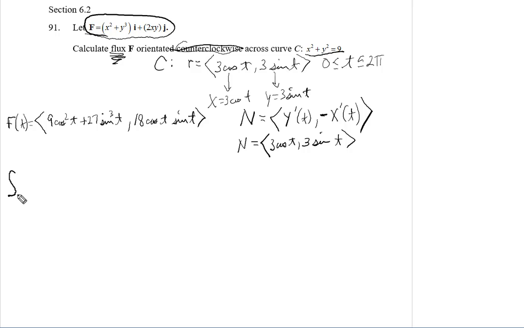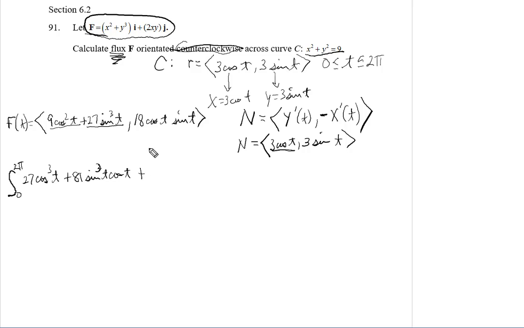We need to do the dot product of F and n. So our integral would be from 0 to 2 pi. We'd have 9 cosine squared t times 3 cosine t, which would be 27 cosine cubed t. We would have 27 sine cubed t times the 3 cosine t, which would be 81 sine cubed t cosine t.